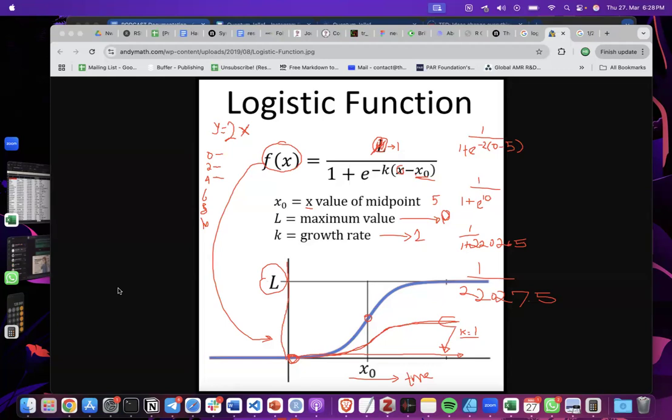What other scenario can I think of? Okay, let's think of another one. Sorry, I'm jogging your brain too much. Let's think of another situation where we do not reach the maximum value. We do not reach 1. The growth rate is constant. Take note. But I think this is also hypothetical.